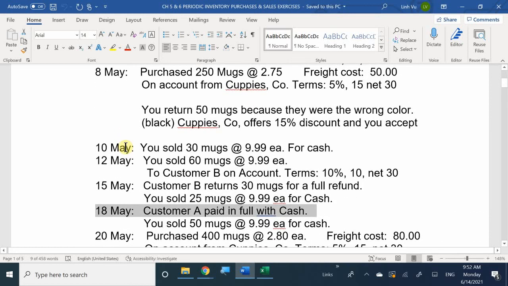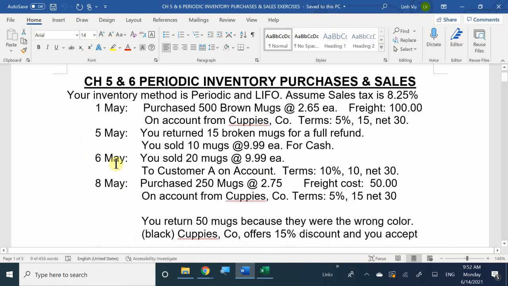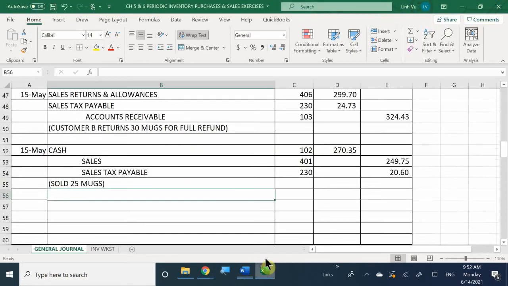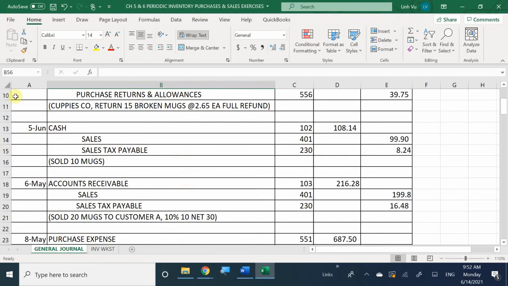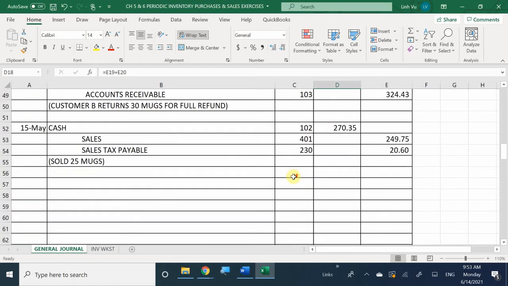So let's go ahead and take a look at our transaction for customer A on the 6th of May to find out how much in grand total they owe me. So let's see. May 8th, customer A owes me a grand total of $216.28. So therefore, customer A is paying me with cash in full.